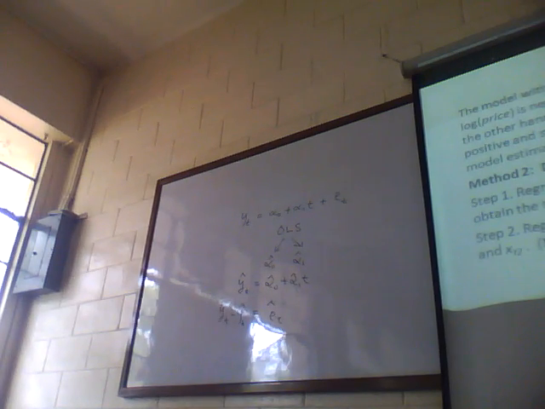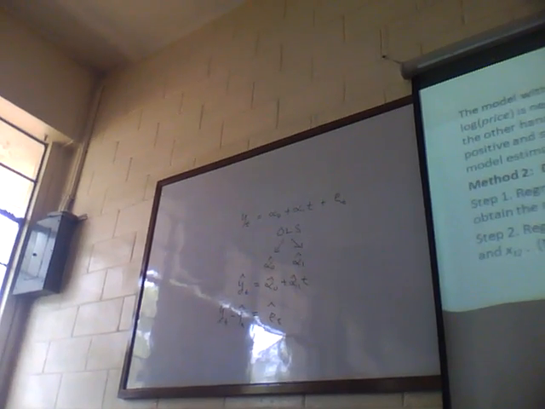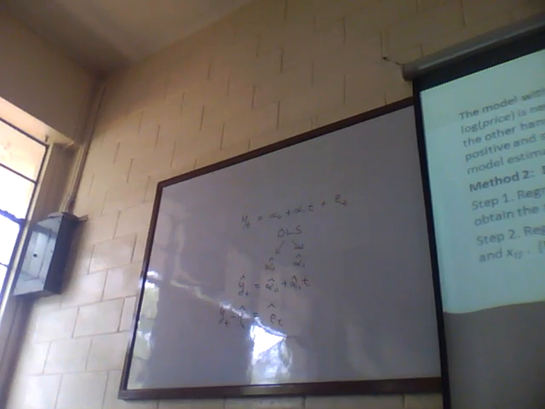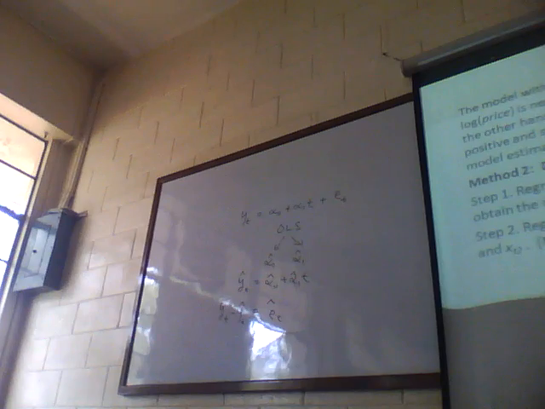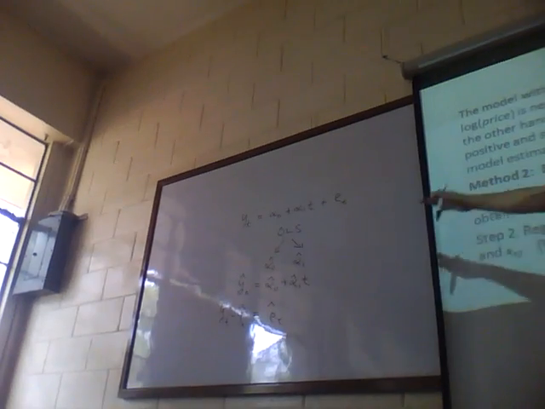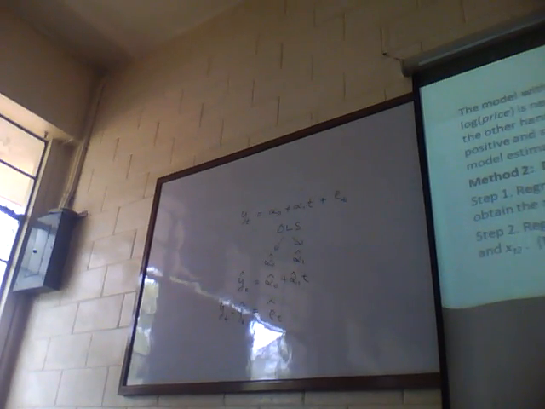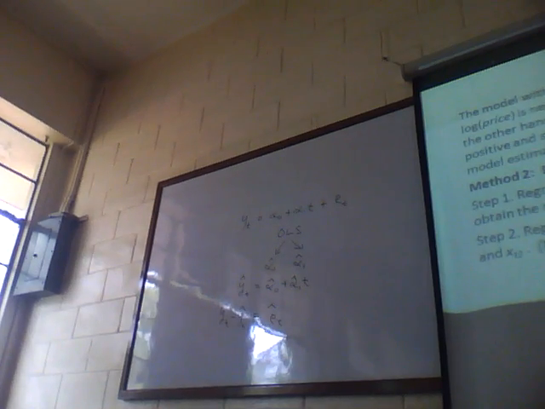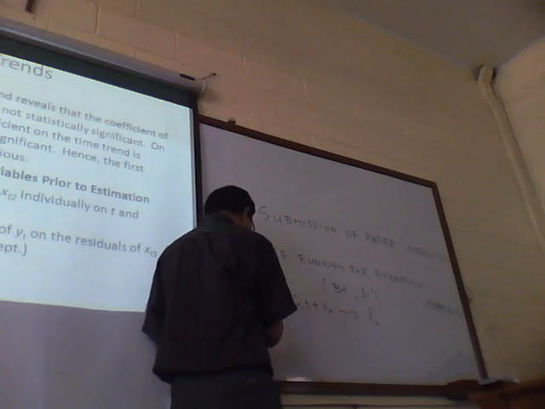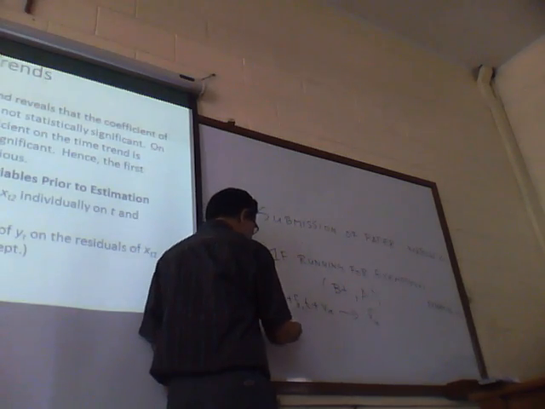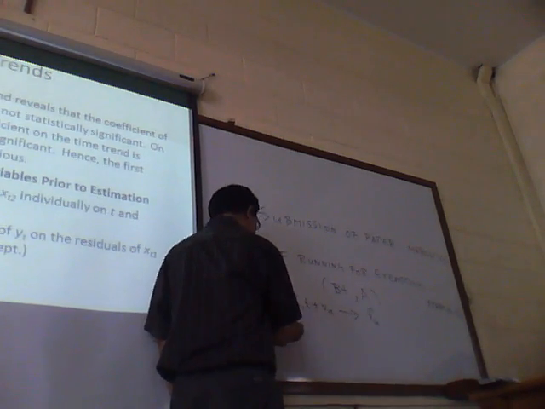So you regress x sub 1 on time, and then you'll get a residual. When you do the same thing as I did here, you will get your b1 t hat. Then you have your x2, and let's say it's regressed.